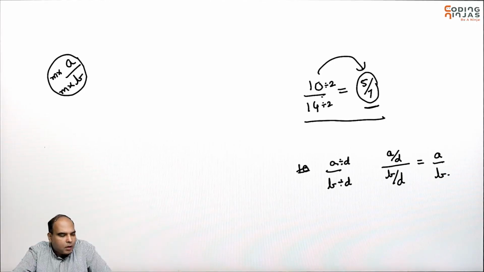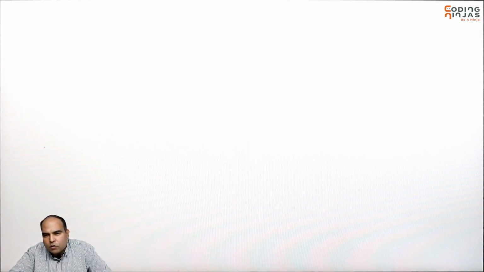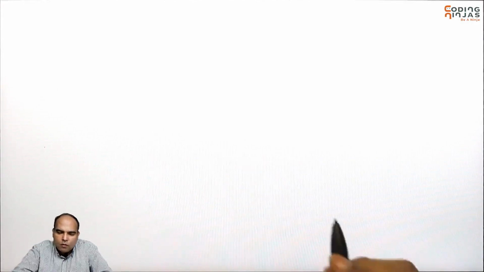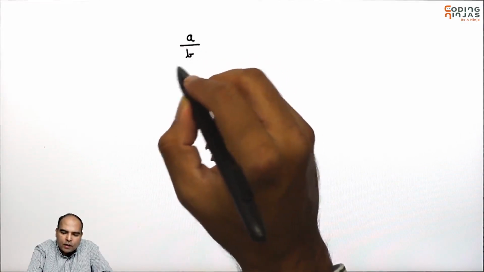And one more thing I will talk about here is dividing a ratio by another. Right now we have talked about multiplying the numerator and denominator of a ratio by a constant, and also dividing them by a constant. The ratio's value does not change. What is the structure of dividing a ratio by another?